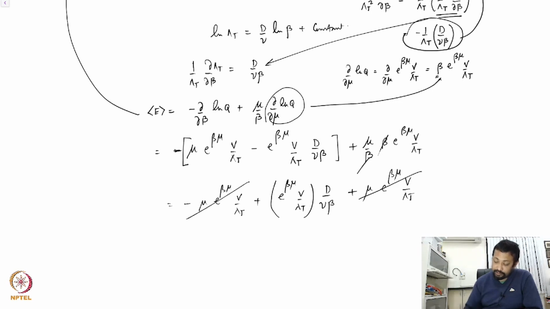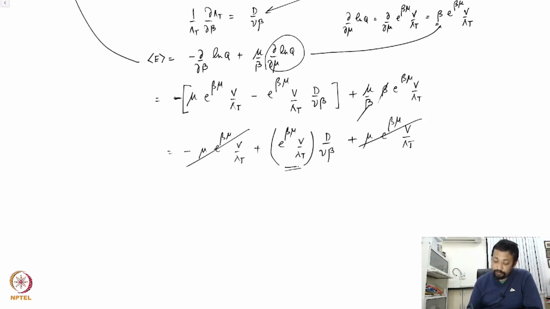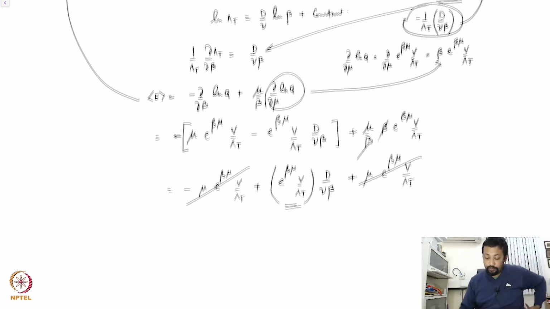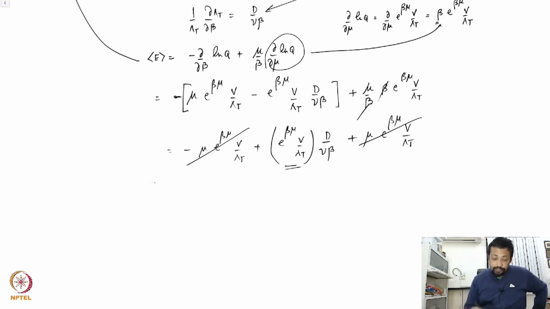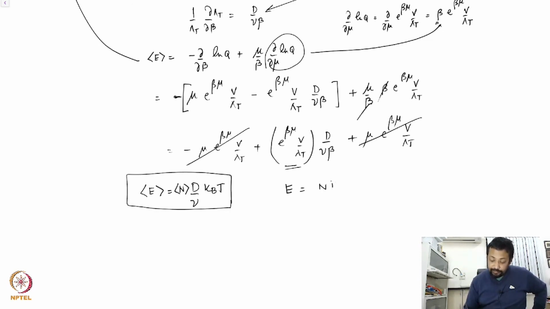This and this cancels out, and if you recall just a little while ago, the quantity within the parenthesis is nothing but the average n. So essentially your average energy then becomes d over nu average of n times kBT. In the canonical ensemble you had n times d over nu kBT because your n was fixed, right?